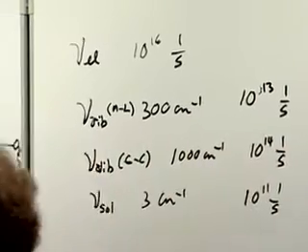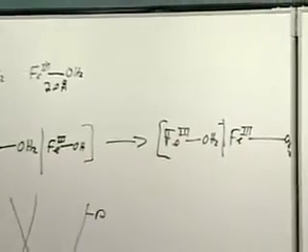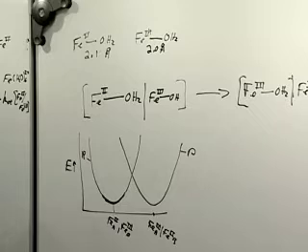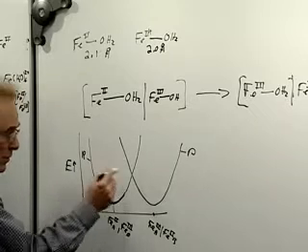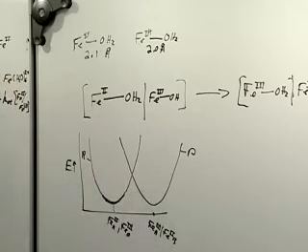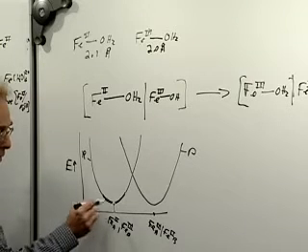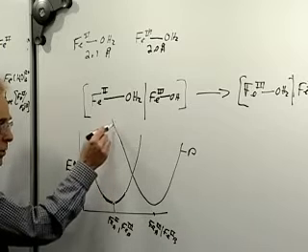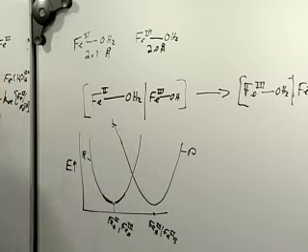So what that says is that when you move on this surface, the electron, when it is going to move from one surface to the other, from the reactants to the products, is going to move very, very rapidly. And if you start out here and you transfer the electron, you would end up at this point up here.